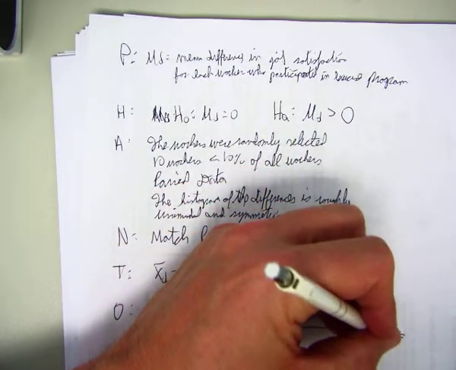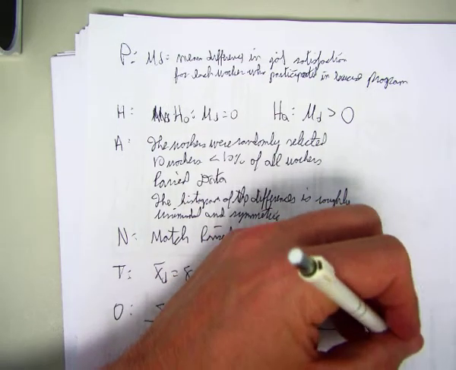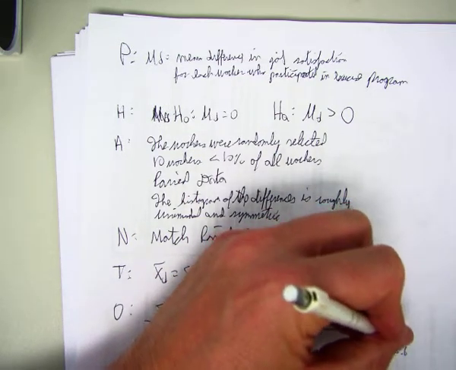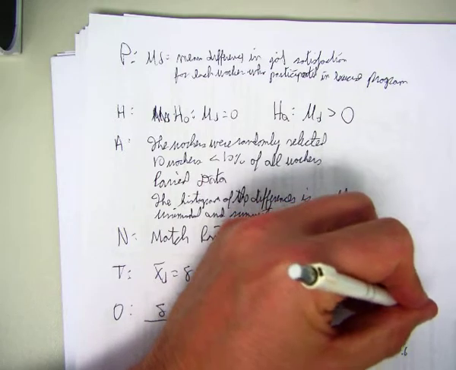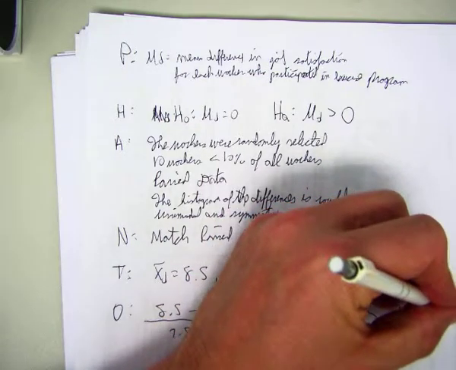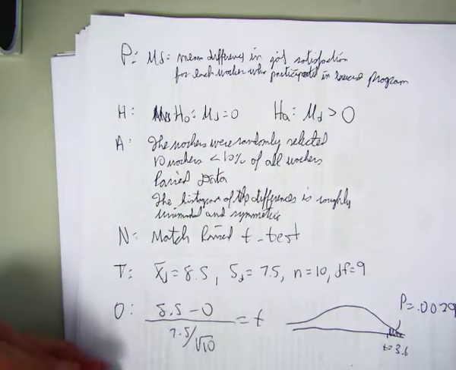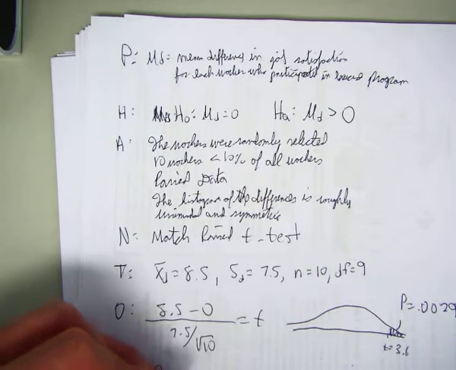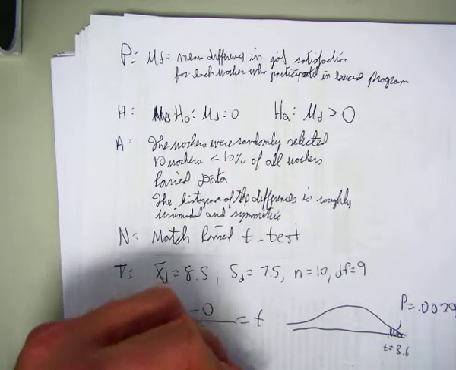Okay, so this is t equals 3.6 and P equals 0.0029. So we're going to reject at the 0.05 level.